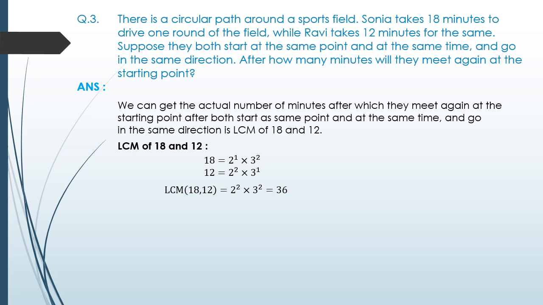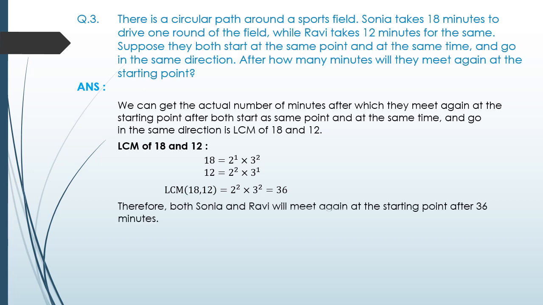If they are asking how many rounds Sonia would have completed, that will be equal to the LCM, that is 36, divided by the time taken by Sonia to complete one round. So 36 upon 18 means Sonia would have completed only two rounds, whereas Ravi would have completed 36 upon 12 is equal to 3 rounds. So in this way we can solve this.